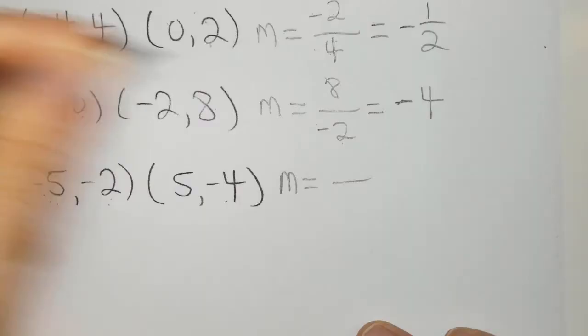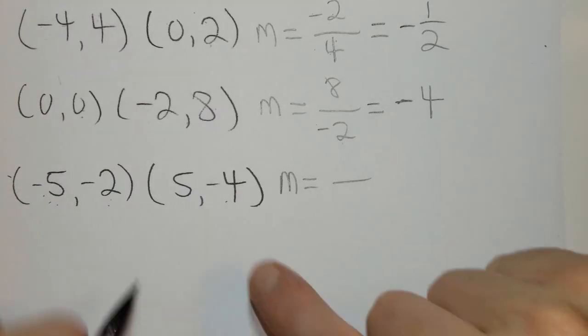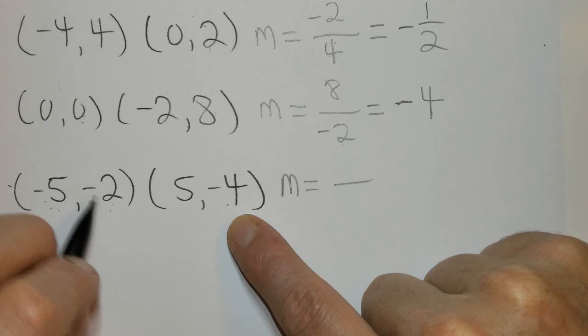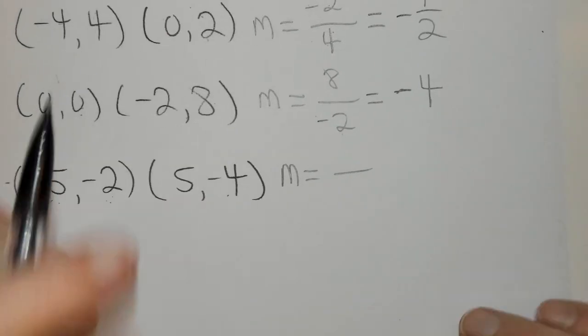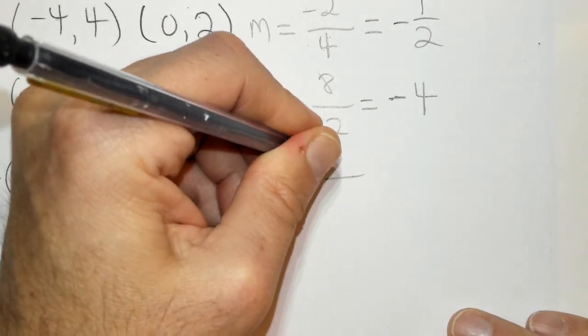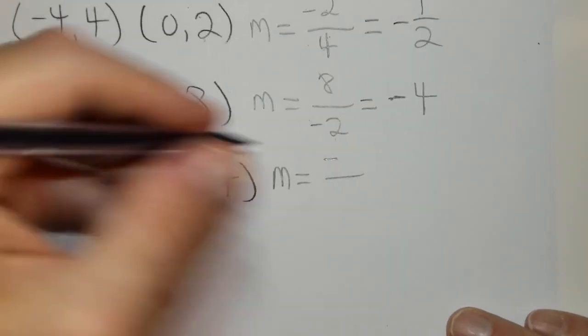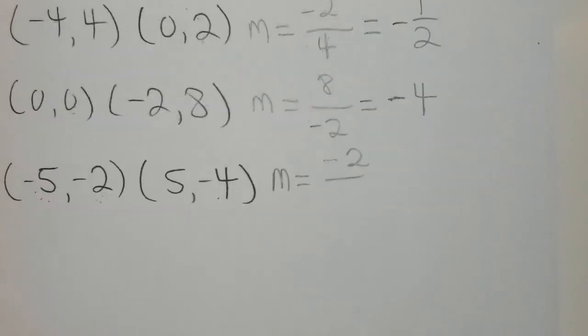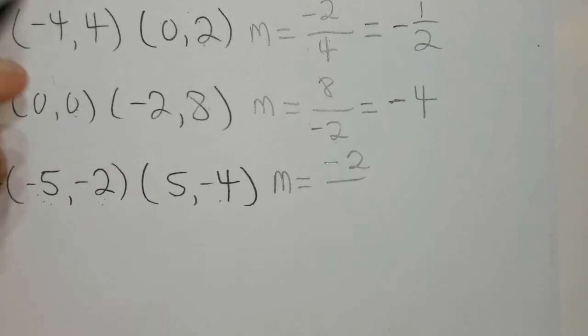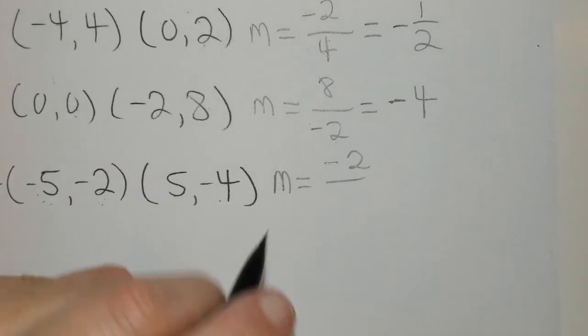It is one where we will start by looking at our y's, and y's go from -2 to -4, and so that's actually going down. So we got a negative number here, and it's going down by 2. And my change in x from -5 to 5, that's going up, and it's going up by 10.